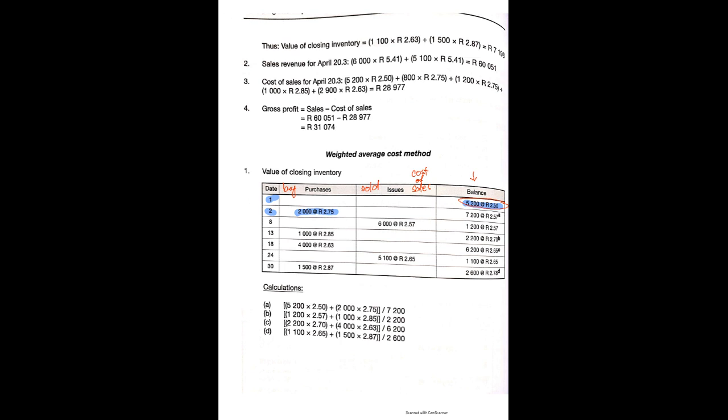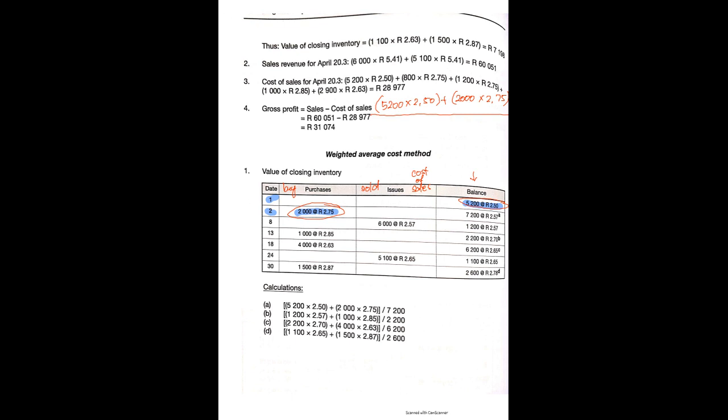So 5,200 times 2 Rand 50, plus what was newly purchased, which was the 2,000 units at 2 Rand 75, and you're going to divide that by the new collective total number of units.